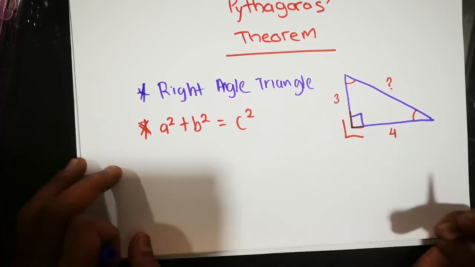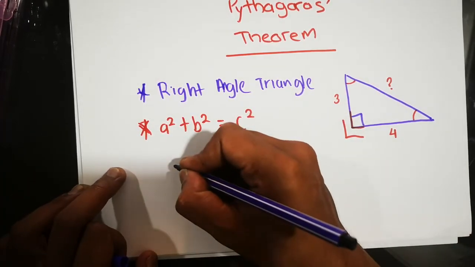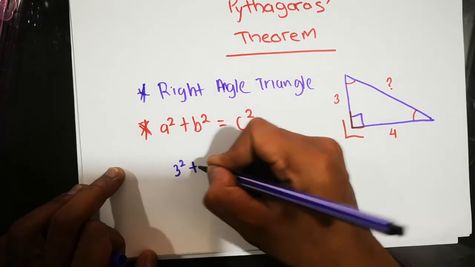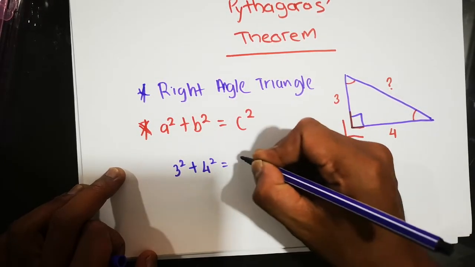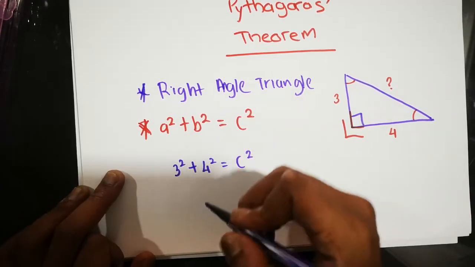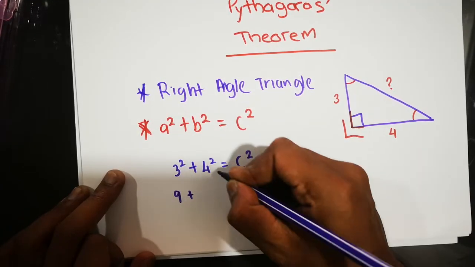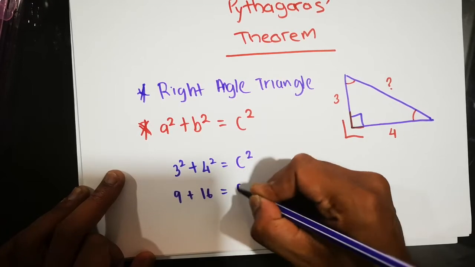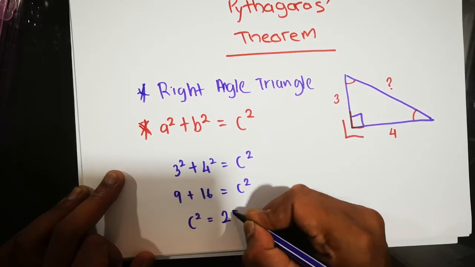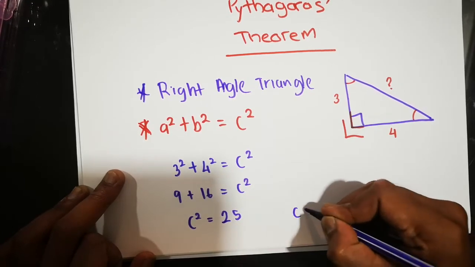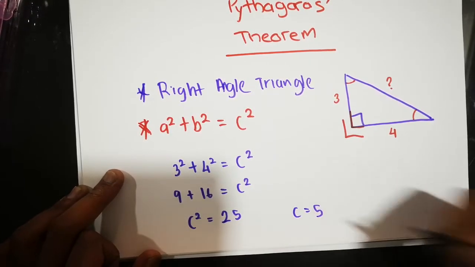So either one doesn't matter. So 3 square plus B is my 4. 4 square is equals to C square. Okay, 3 times 3 is 9 plus 4 square is 16 is equals to C square. So C square is equals to 25. C is equals to 5.